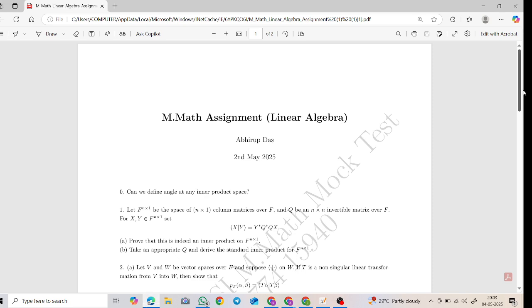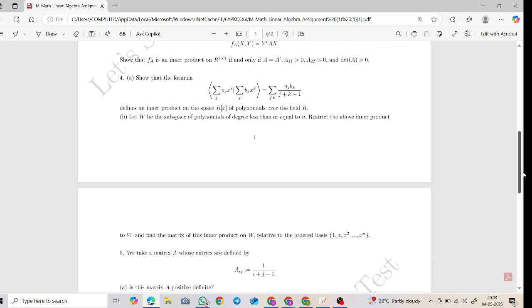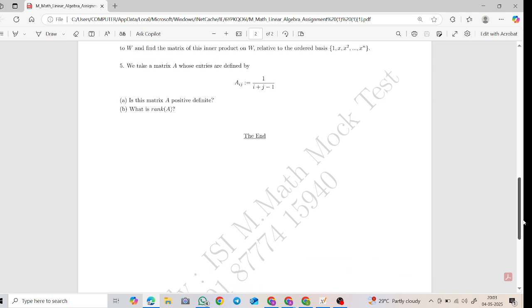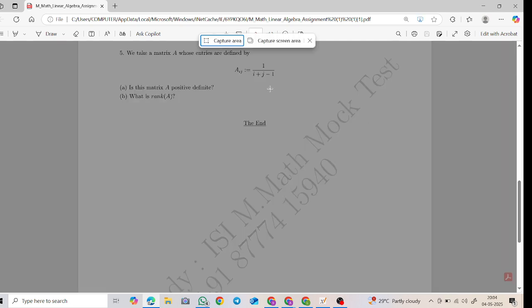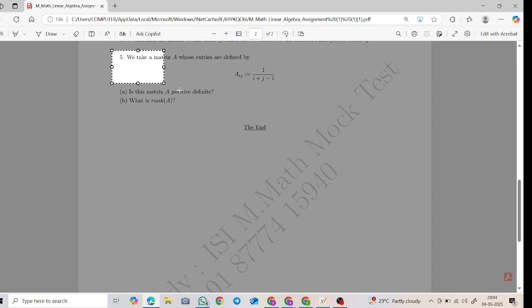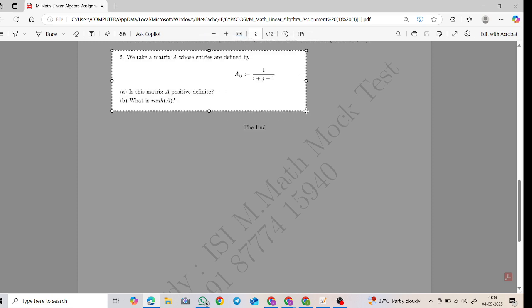So is my screen visible? Yes, Abhirup. Okay, so this is our central question today.